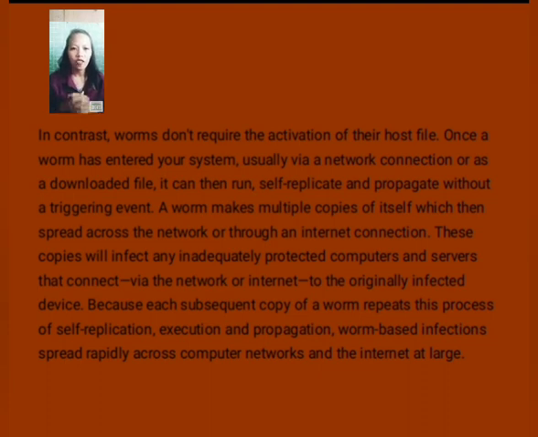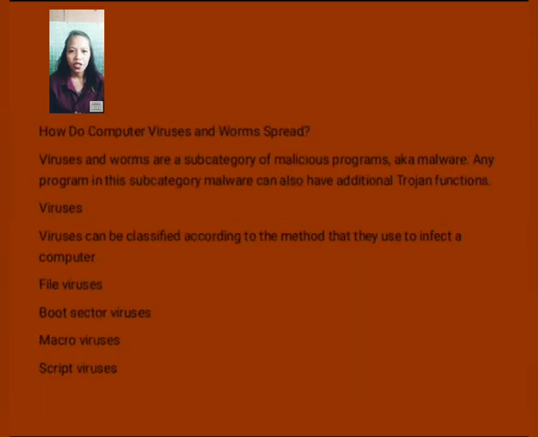These copies will infect any inadequately protected computers and servers that connect via the network or internet to the original infected device. Because each subsequent copy of a worm repeats this process of self-replication, execution, and propagation, worm-based infections spread rapidly across computer networks and the internet at large.